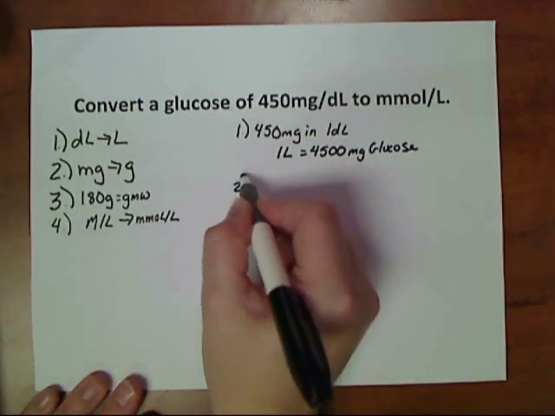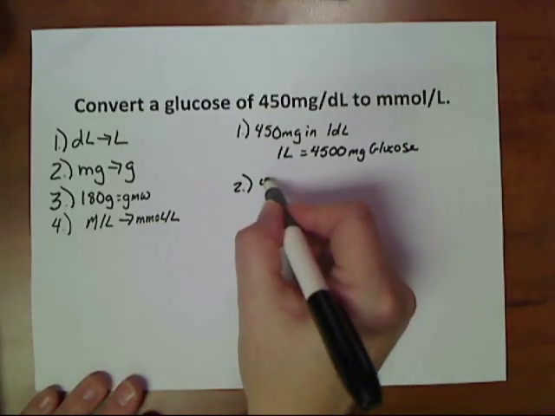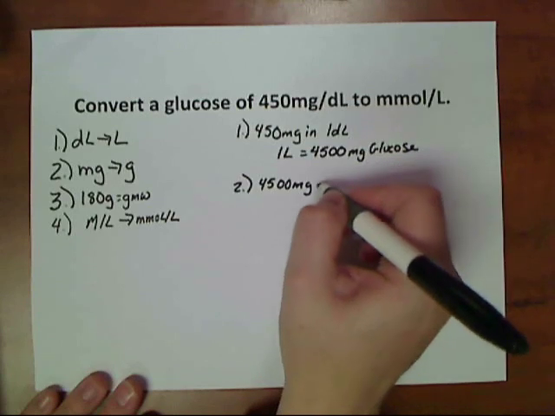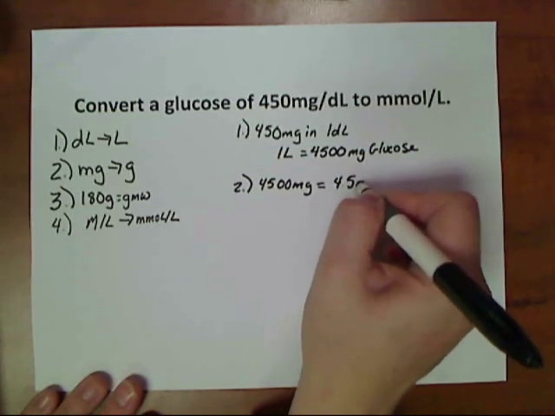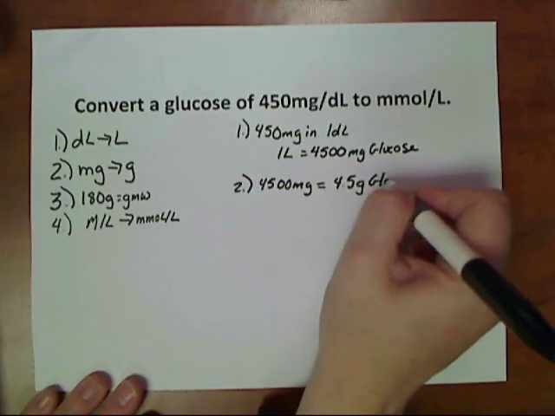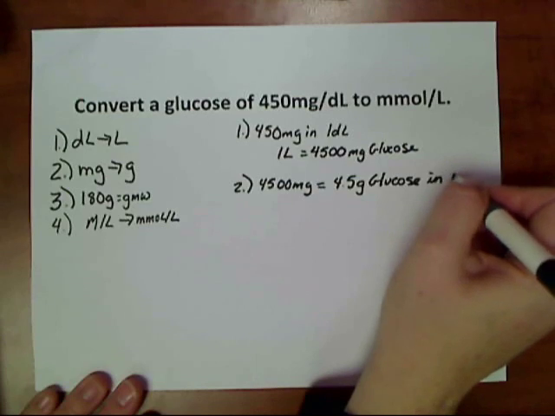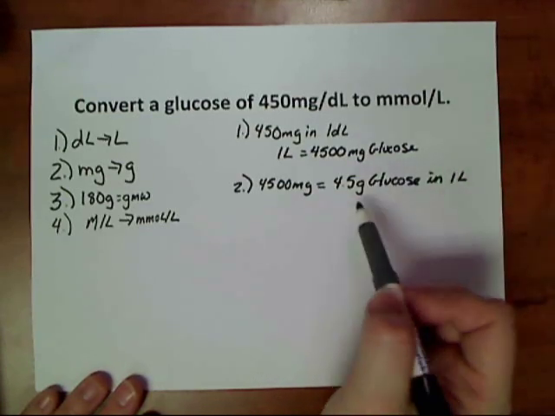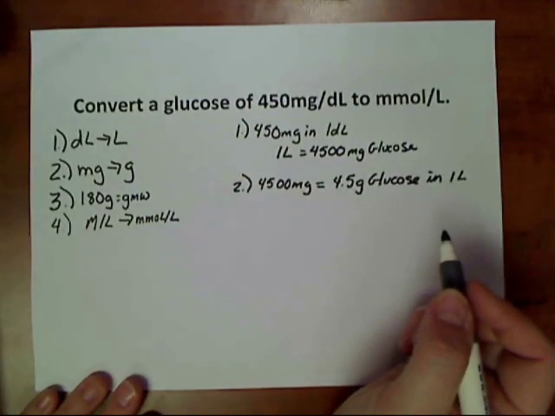Step 2, we know that since there are 4,500 milligrams, if we convert that to grams, we would have 4.5 grams of glucose in 1 liter. Okay? So all we did was convert milligrams to grams in our second step.